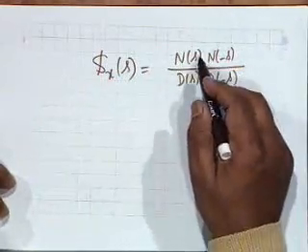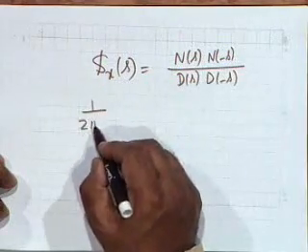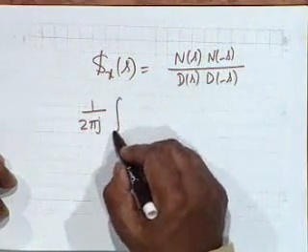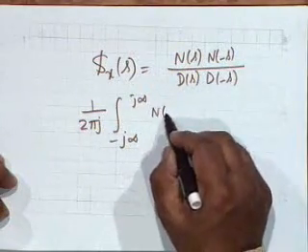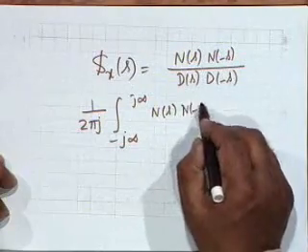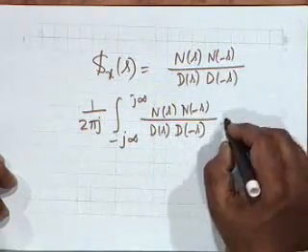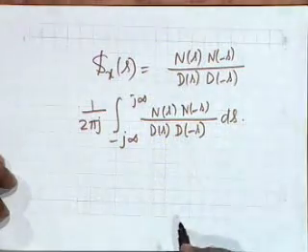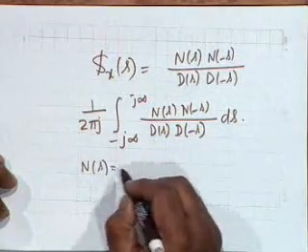For such functions, let us denote 1 by 2 pi j integral minus j infinity to plus j infinity N of minus s divided by D of s D of minus s ds, and N of s is a polynomial.